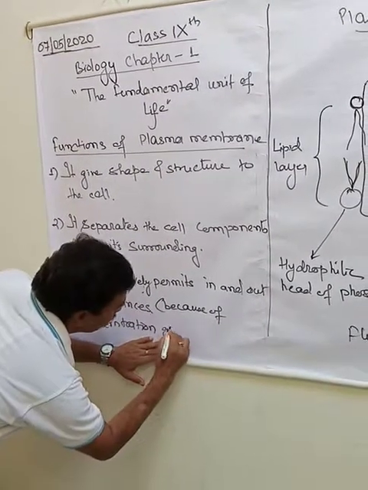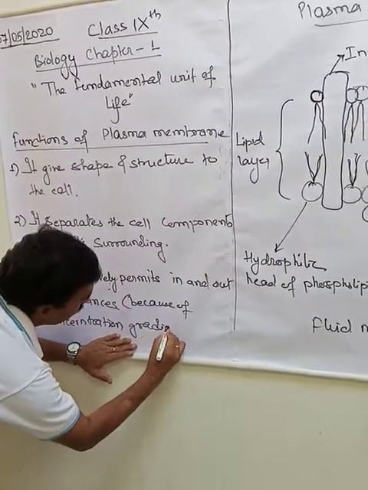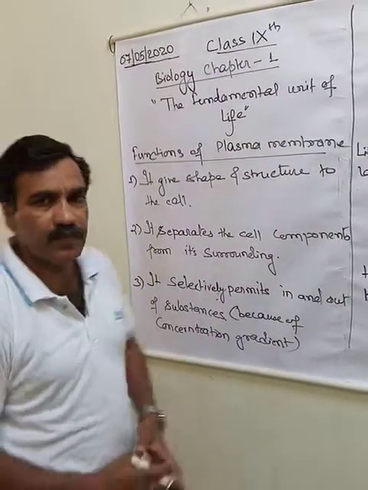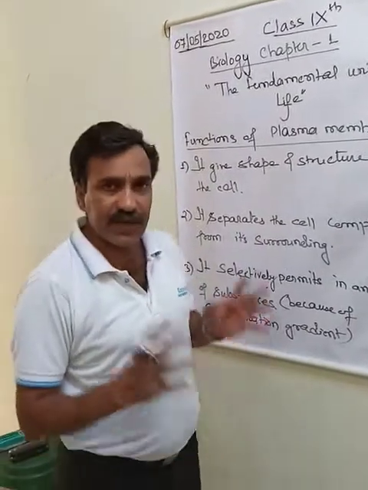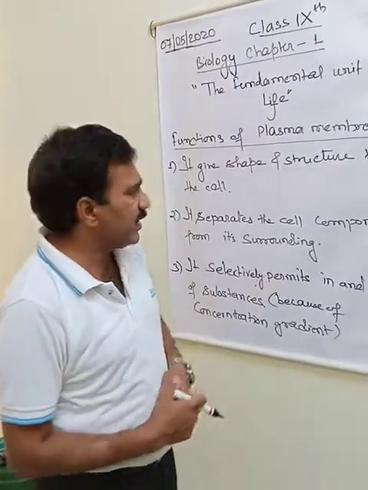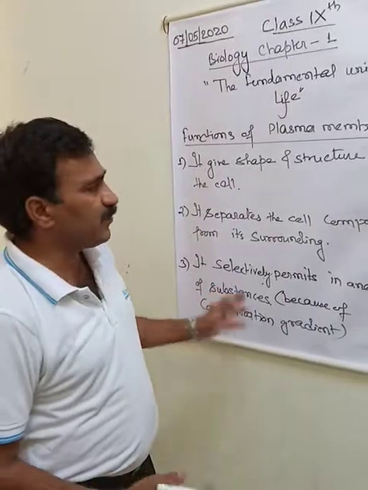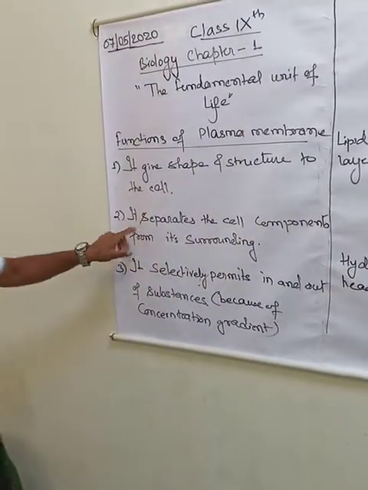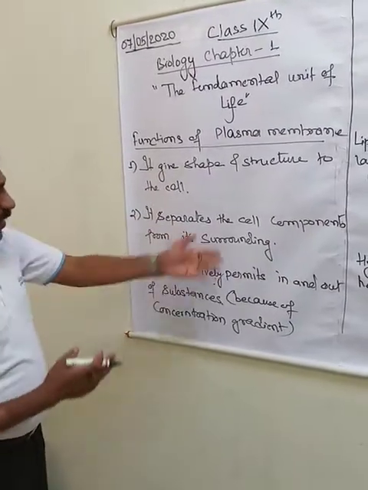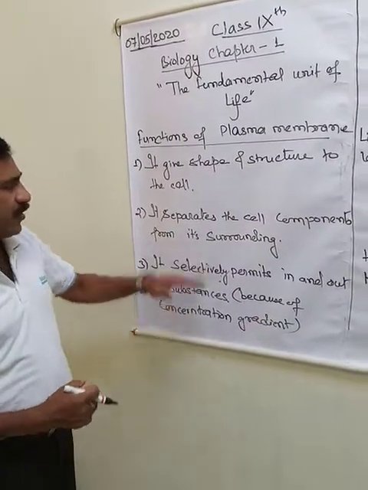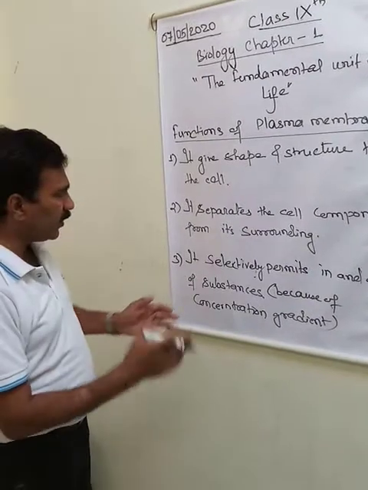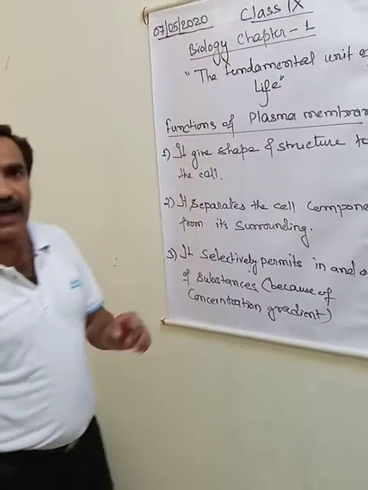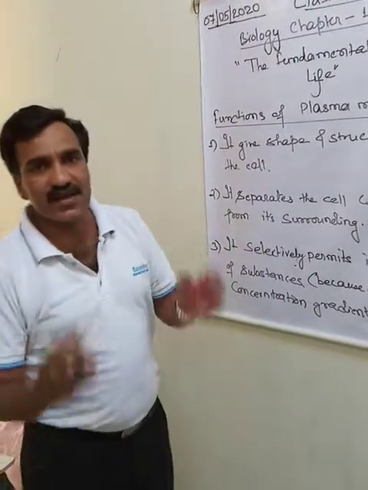There are several other points which I will give you when I start giving the notes. Till then, mind these three points only. It gives a proper shape and structure to the cell. It separates the cell components from its surrounding by making a compartment between the two. It selectively permits in and out of substances, and that is possible because of the concentration gradient.